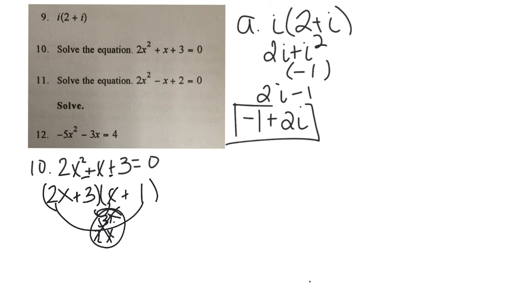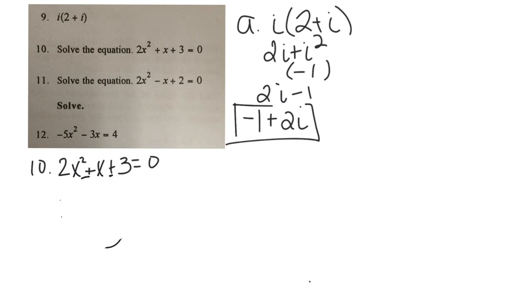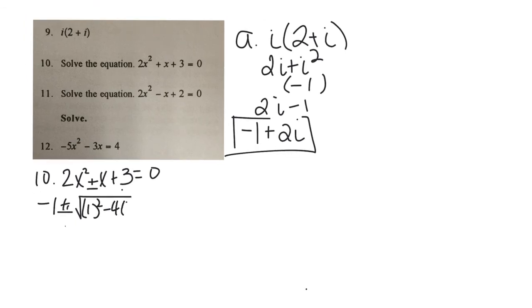So factoring is not an option here, and that leaves me with the quadratic formula, because I would have to complete the square with some fractions, and that's not usually what we want to do. So negative b, b is 1, right? Plus or minus the square root of b squared, 1 squared, minus 4ac, 4 times 2 times 3, all divided by 2a, which is 2.